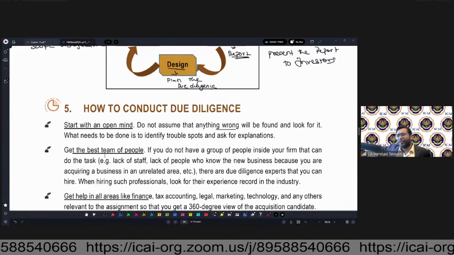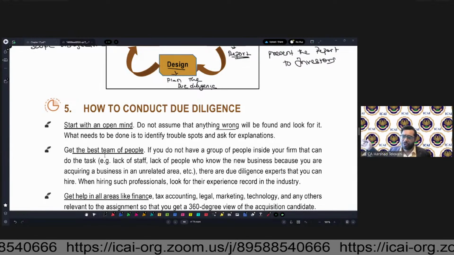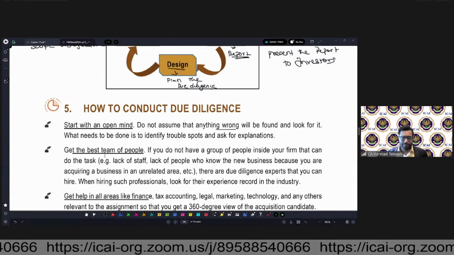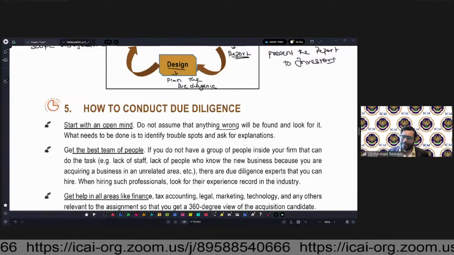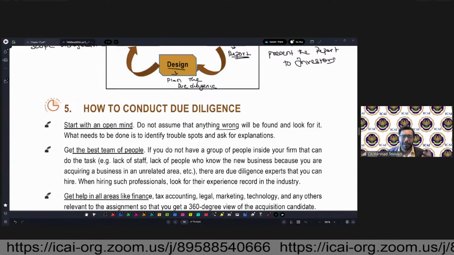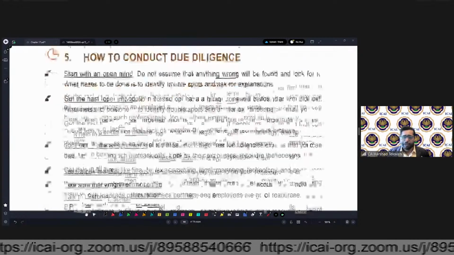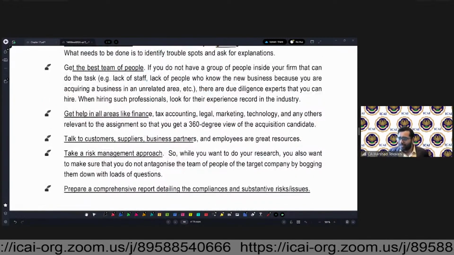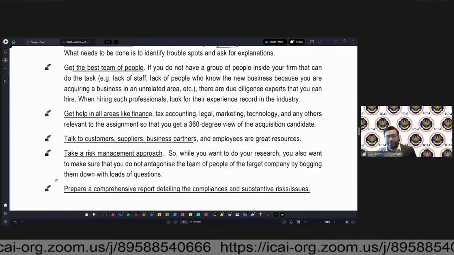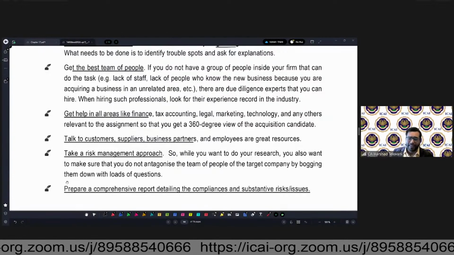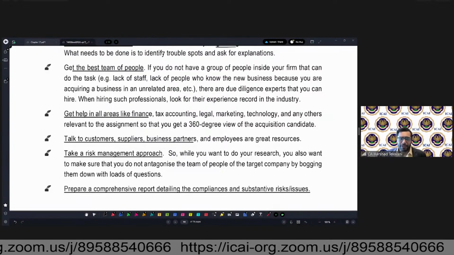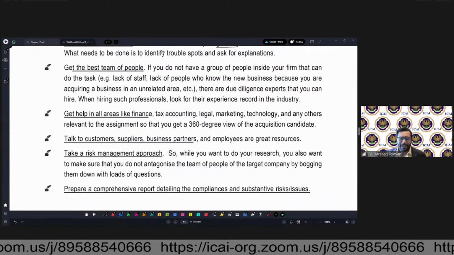Due diligence is different from fraud investigation and forensic accounting. Understand the team required, hire the people, get the people in the team, then do the discovery. Once you do the design, you do the discovery, and then you prepare a report. This is how a due diligence is required to be carried out.